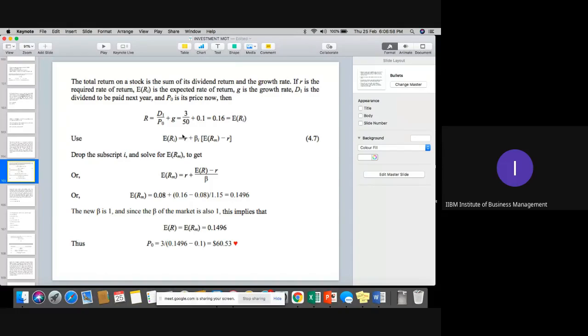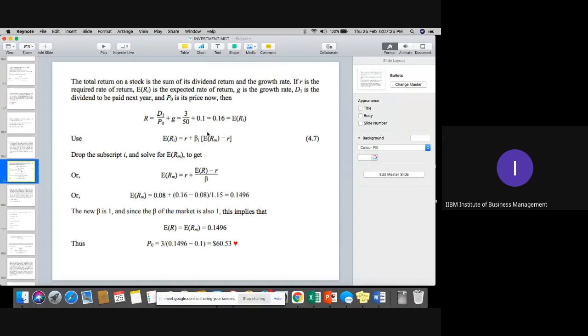The formula for returns is D1 upon P0 plus G. If you remember, when we discussed the price, leverage chapter and the cost of capital, at that time we discussed the equity share growth, D1 upon P0 plus G. You will get ER is 16%. Expected return of the market is 16%.